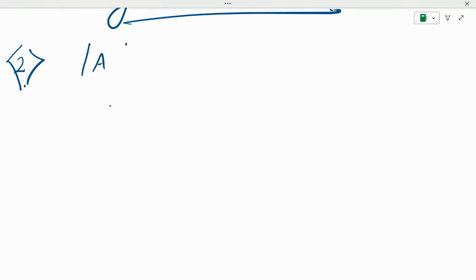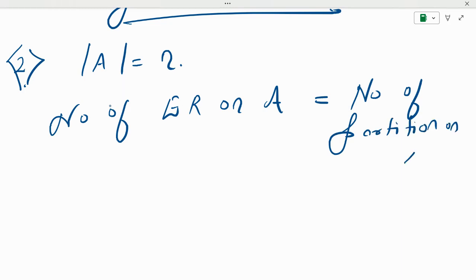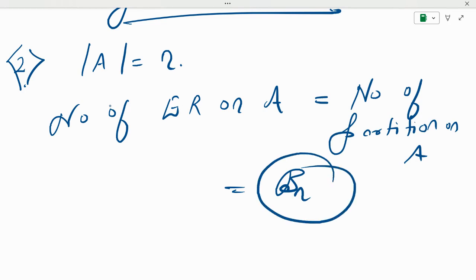Now if the cardinality of A is n, the number of equivalence relations on A is equal to the number of partitions on A, and that is equal to the Bell number. Now what is this Bell number?